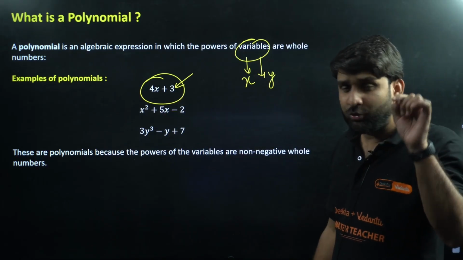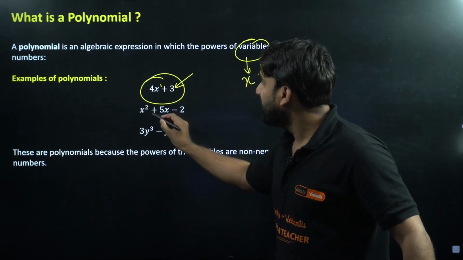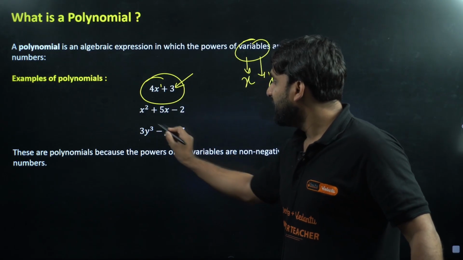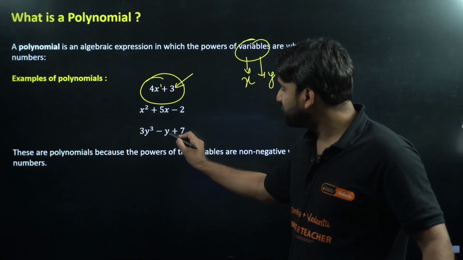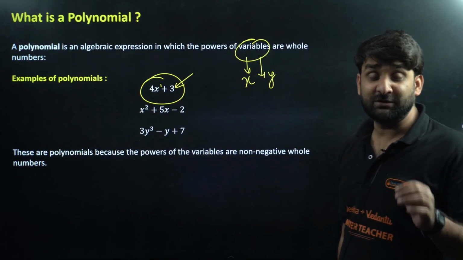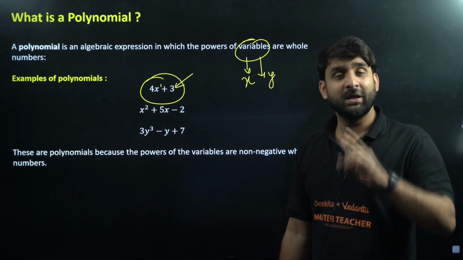Now one thing you can observe in all these equations: here the power of the variable is 1, here the highest power is 2, and here the variable power is 1. In the third equation the degree is 3, and in y the power is 1. So in all the expressions you can observe one very special thing: the power of the variable is a whole number.